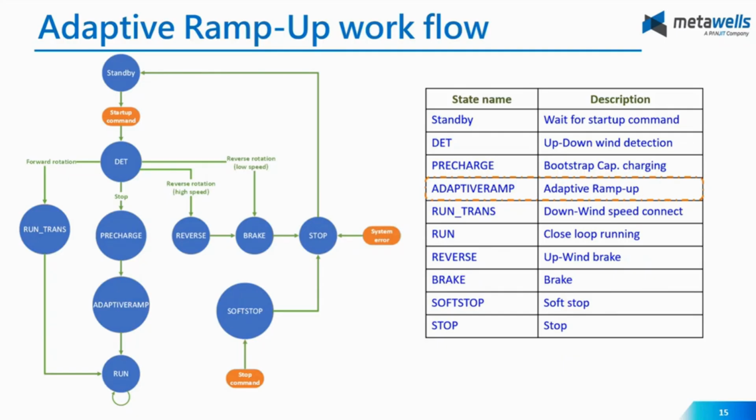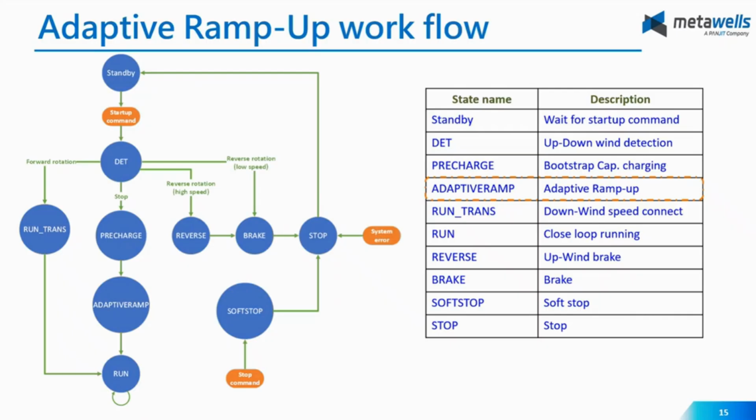offering a more dynamic startup process while retaining other states. Adaptive run up feature: unlike the previous workflows, align and run up, adaptive ramp dynamically adjusts the saturation based on conditions.